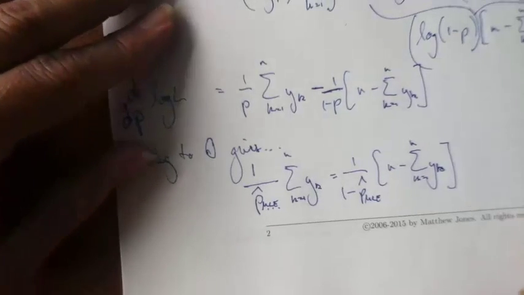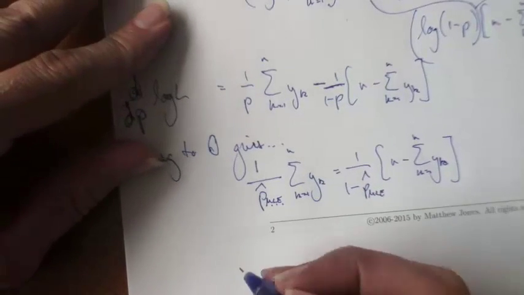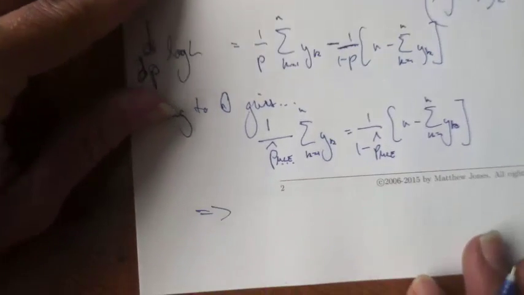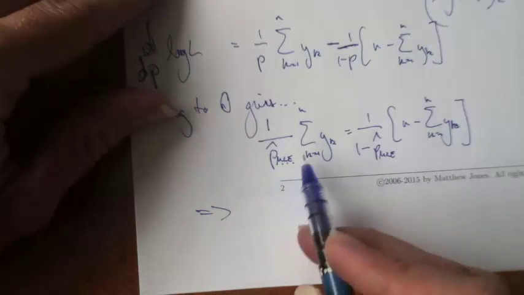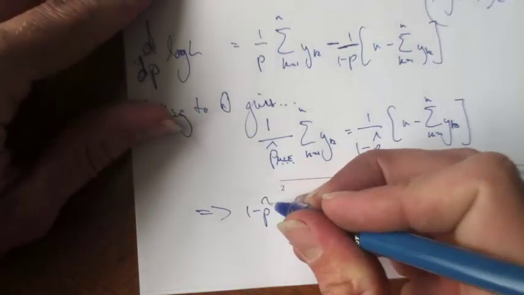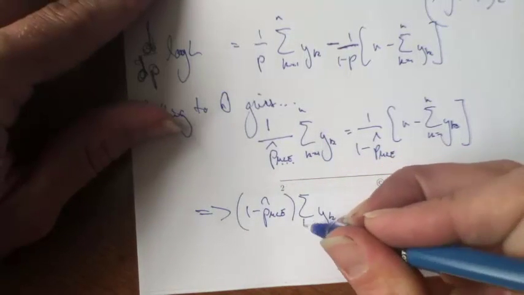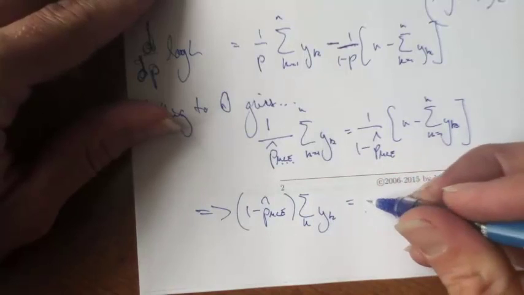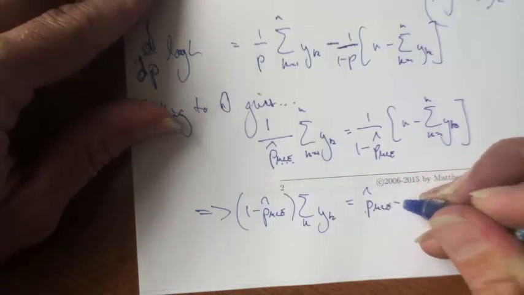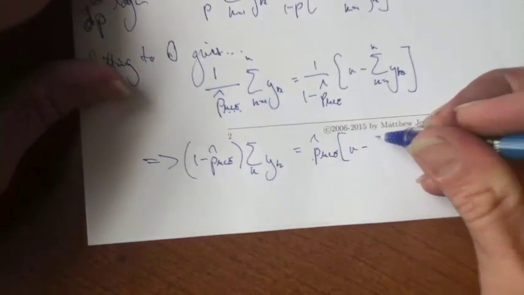So if I multiply through, I get 1 minus p hat MLE times the sum of the yk, which I'm just going to abbreviate like that, equals p hat MLE times n minus the sum of the yk.